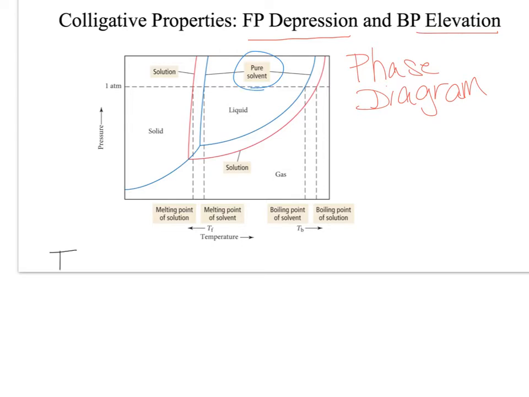Again, this has to do with the intermolecular forces between the solute and the solvent. Another way to look at this too is it increases the distance in our phases.